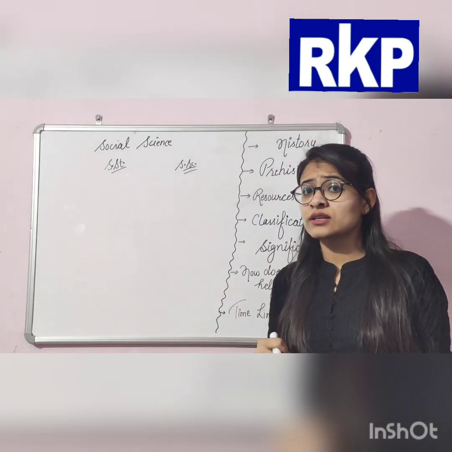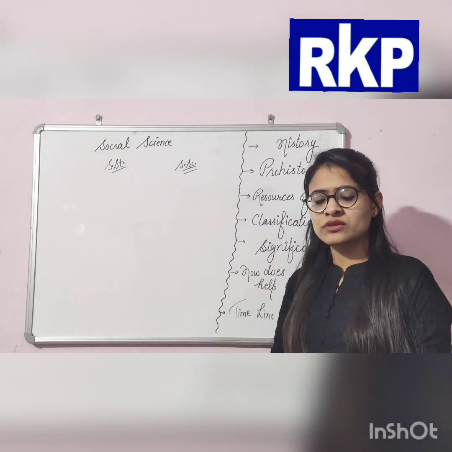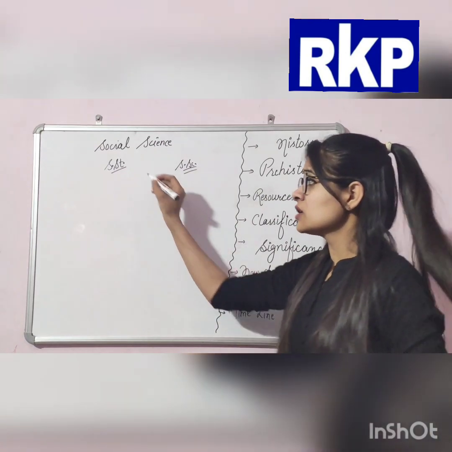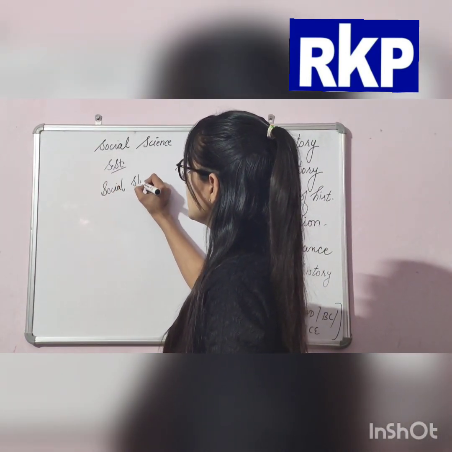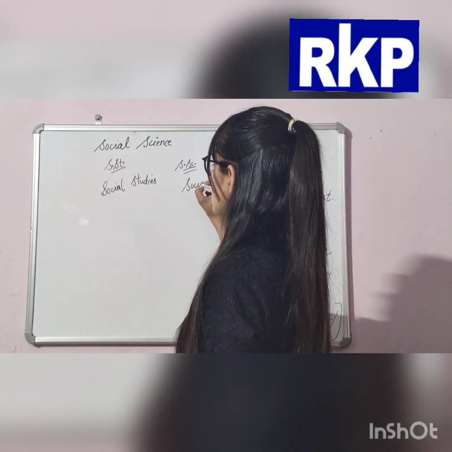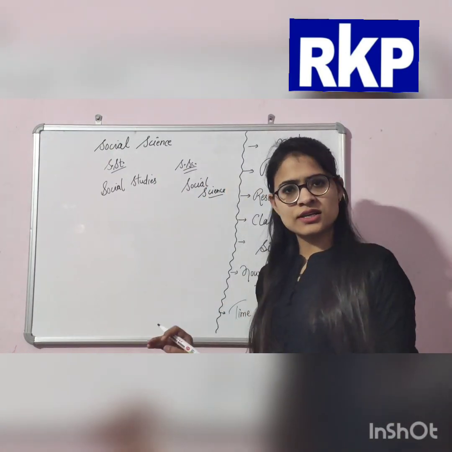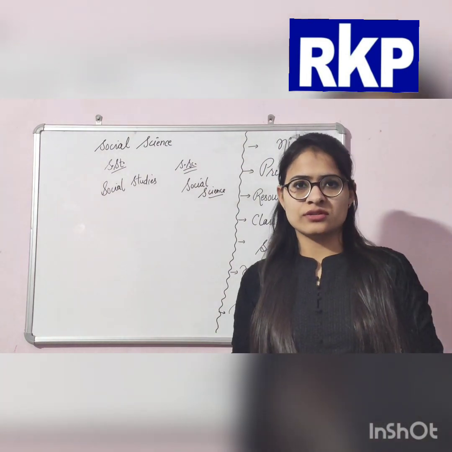First, the difference is the full form. SST means social studies and SSC means social science. Now we are coming to the point, what is the difference?